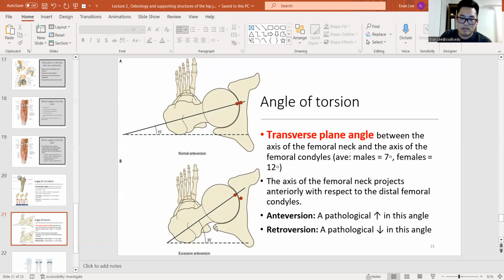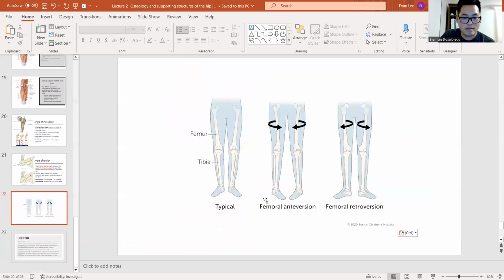But if you were to over-rotate or under-rotate, you would have antiversion, which is when you increase the angle too much, and retroversion, where you decrease the angle too much. Antiversion is where it's going too much forward. Retroversion is where it's going too much towards the back.